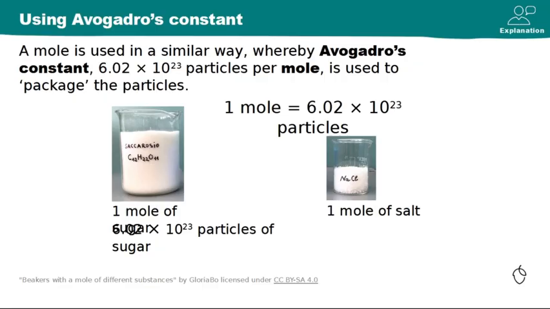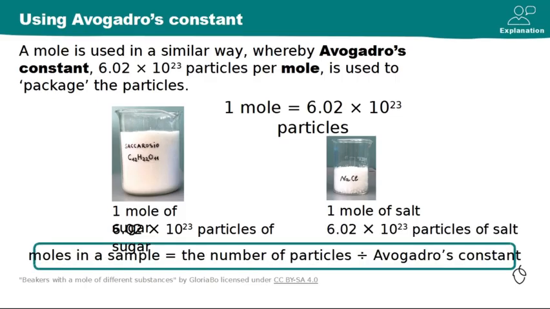And a mole of salt has 6.02 times 10 to the 23 particles of salt, or sodium chloride. So moles in a sample is equal to the number of particles divided by Avogadro's constant.